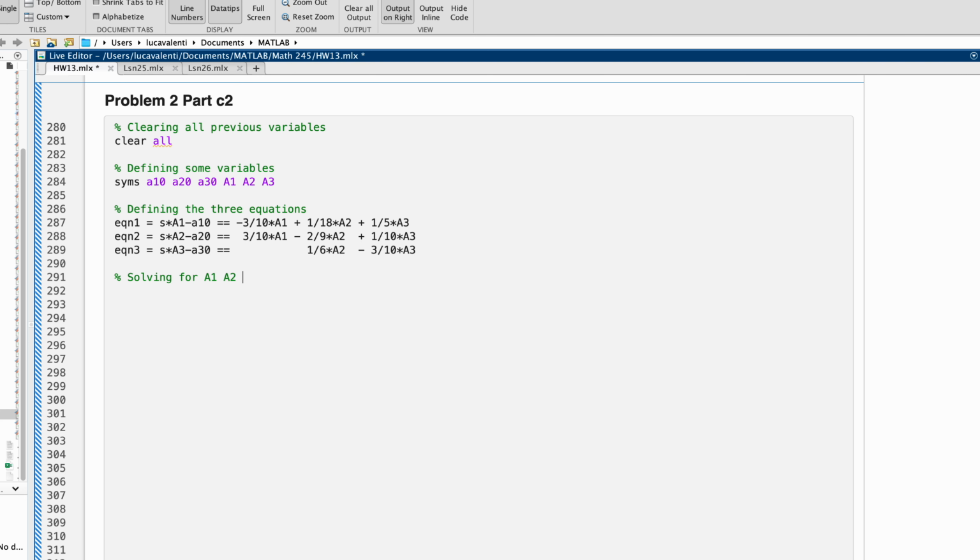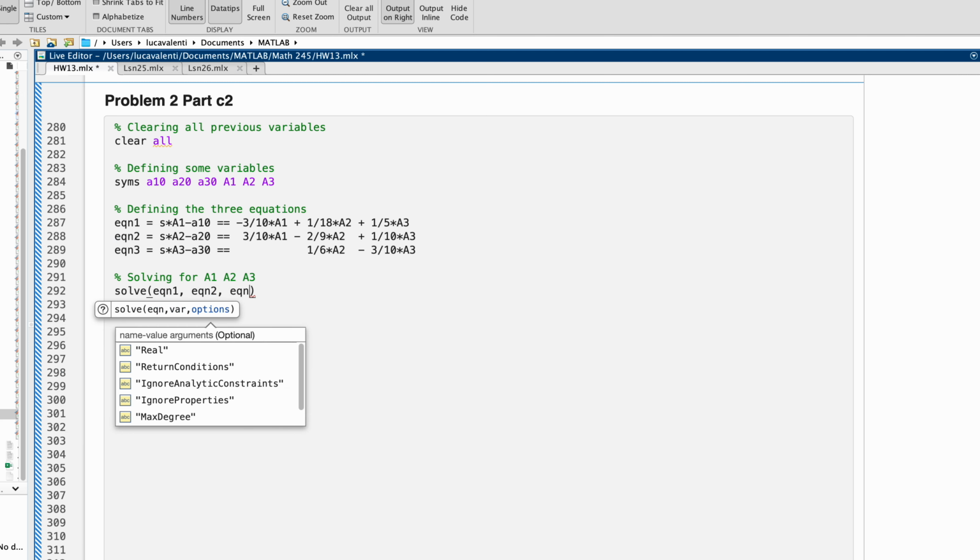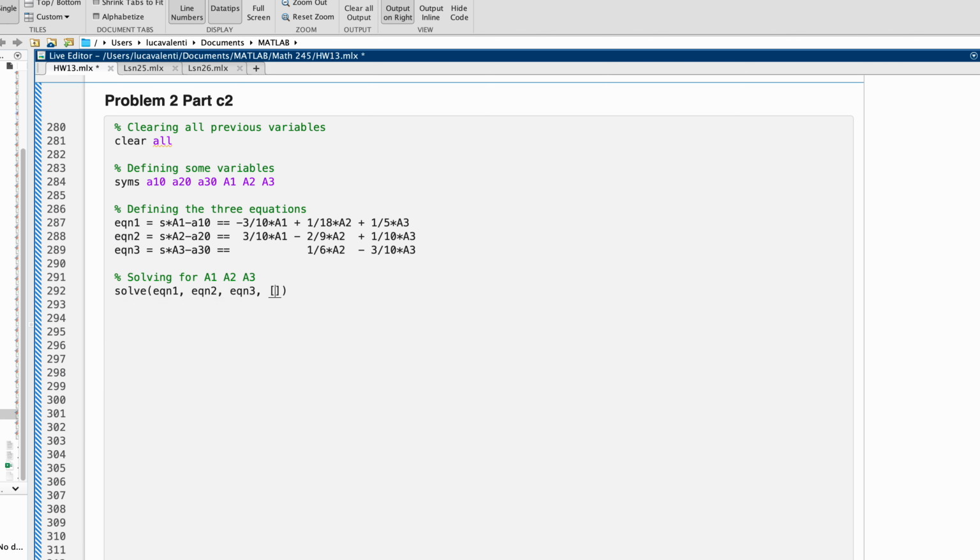Now I want to solve for A1, A2, and A3. So how are we going to do that? Well, we're going to put in the solve command, equation 1, equation 2, equation 3, and we're going to tell it to solve for A1, A2, A3. We want to separate these by commas, and here we're going to say to output this into A1 sol, A2 sol for solution, A3 sol.